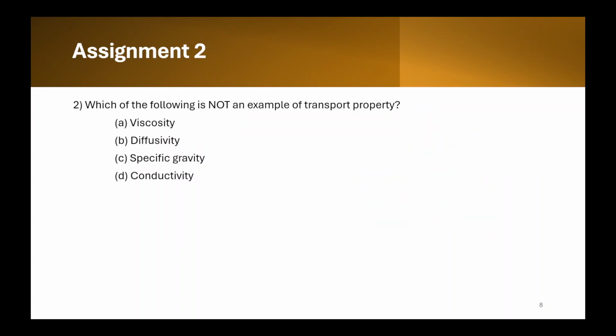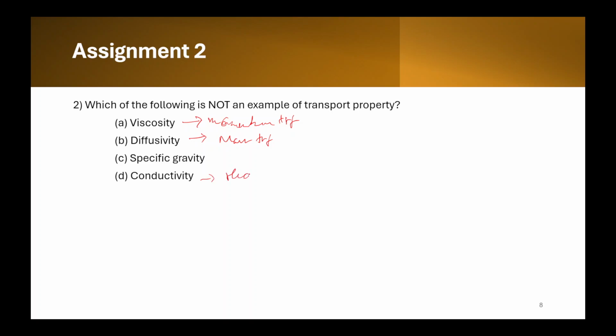Which of the following is not an example of transport property? As we have seen, viscosity takes part in momentum transfer. Diffusivity takes part in mass transfer.